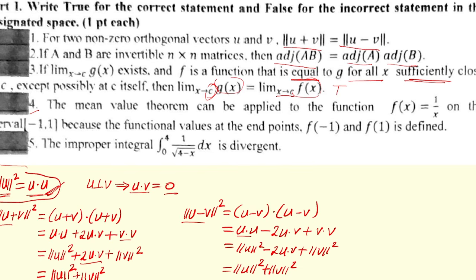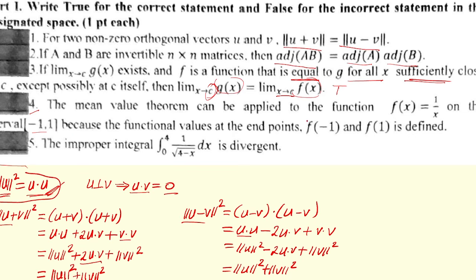Question number 4. The mean value theorem can be applied to the function f of x equals 1 over x on the interval [-1, 1]. Remember the theorem: to apply the mean value theorem, the function f should be continuous on the closed interval and differentiable on the open interval.